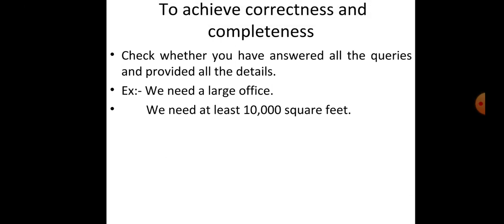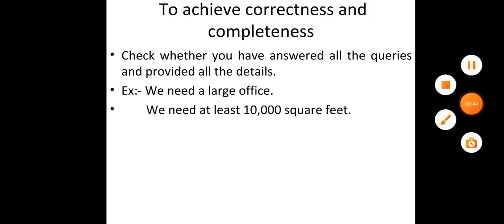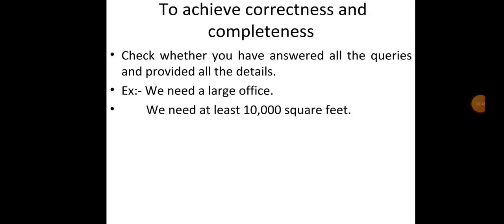Similarly, we can say something about this. To achieve correctness and completeness, there are again certain things that they have given. Whenever you want to say that your letter is complete from the reader's point of view, you have to check one more thing.